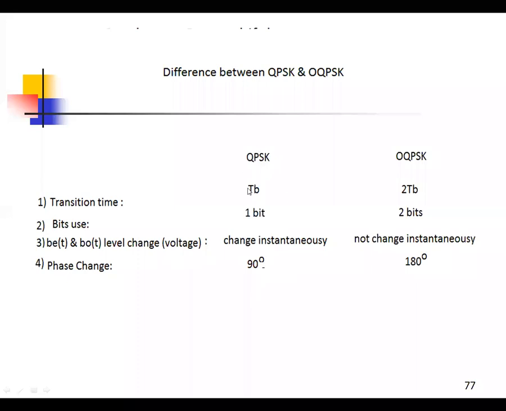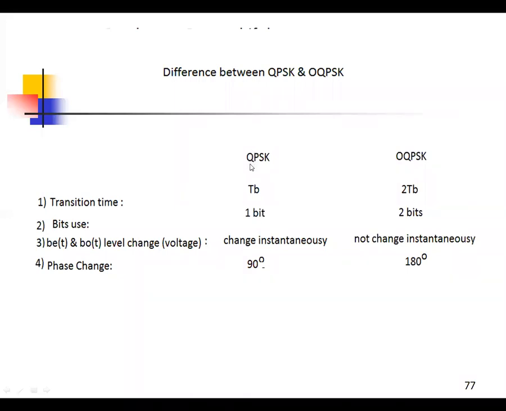Whereas OQPSK, offset QPSK, transition time is 2 TB, 2 bits are used, level change is not instantaneous, and phase change is 180 degrees. So this is the major difference between offset QPSK and non-offset QPSK, where the first one is non-offset QPSK, second one is offset QPSK.